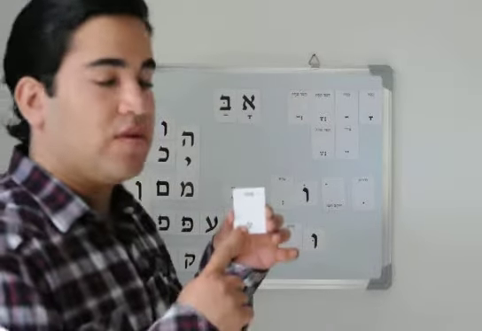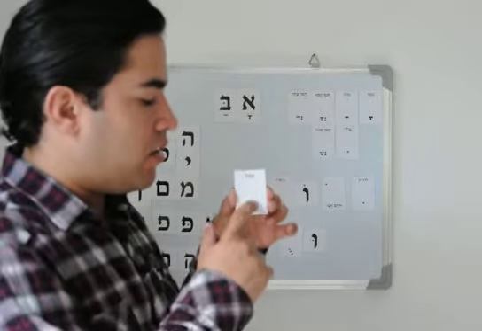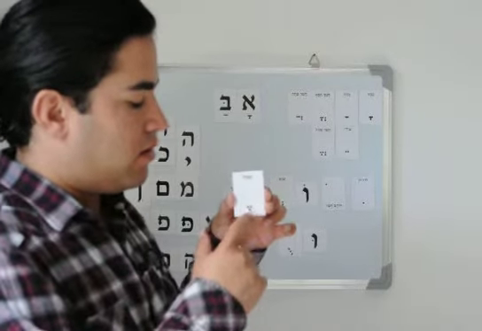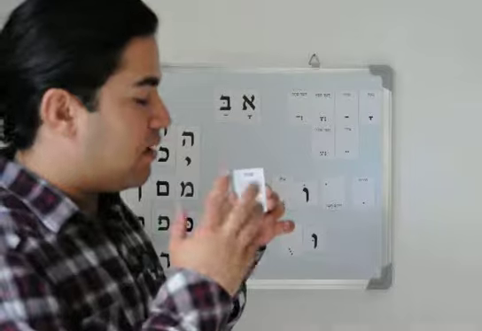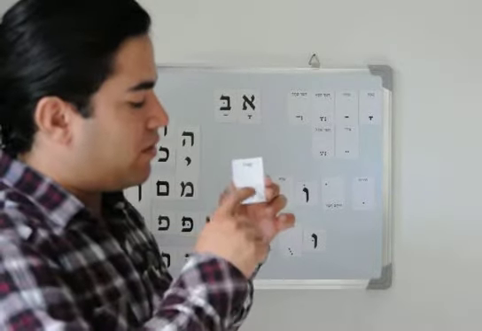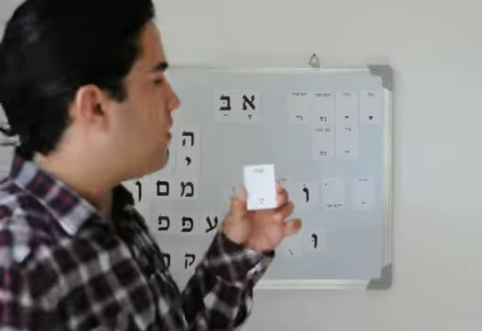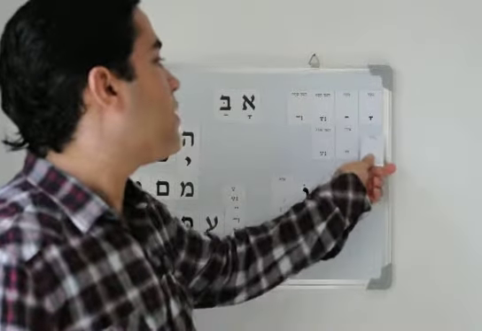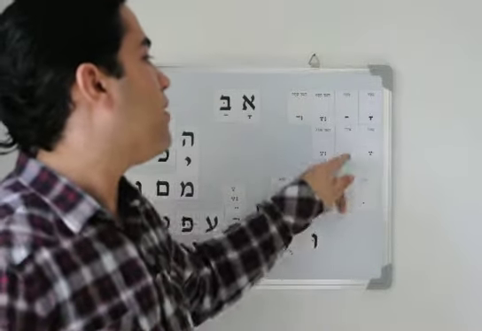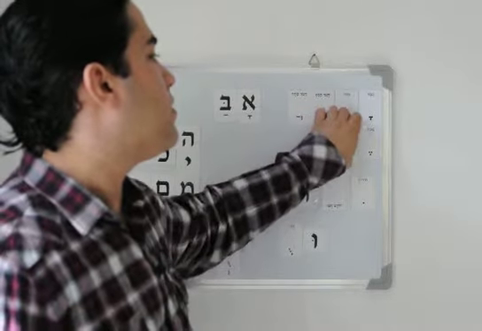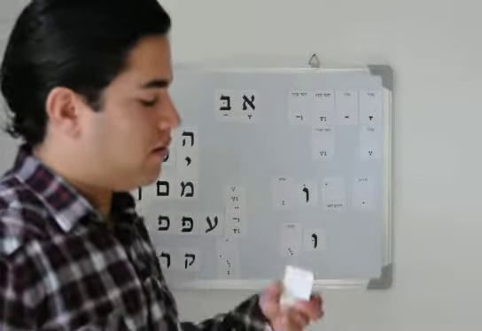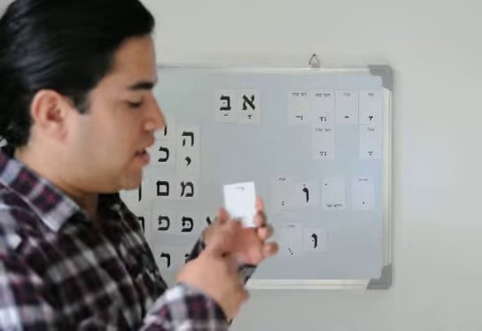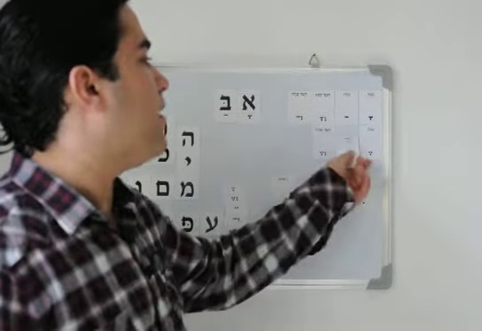It always sounds E. It is three dots, a bit like a heart, one, two, and another one at the bottom. This is Segol, sounds E. And the next one is just two dots. This is called Tzere. Two dots, Tzere, and it sounds the same, E.